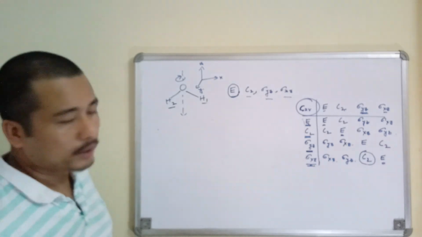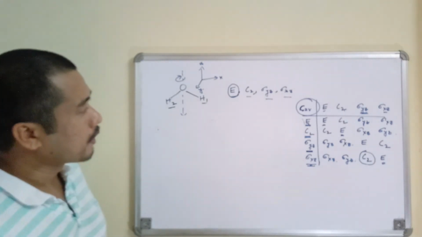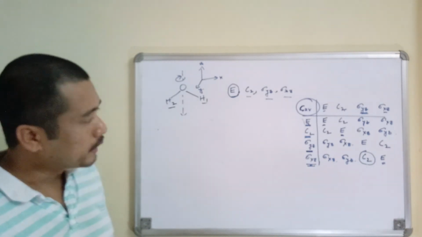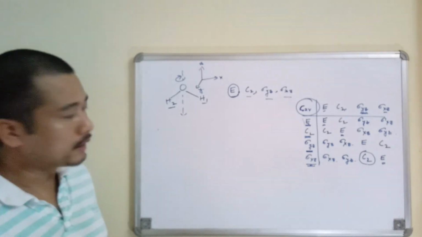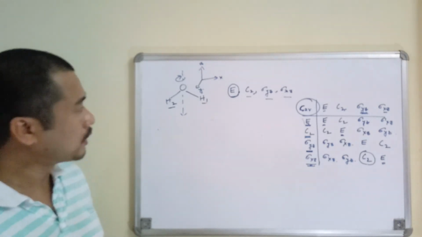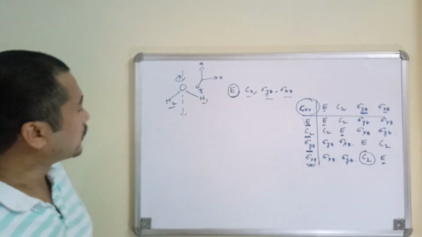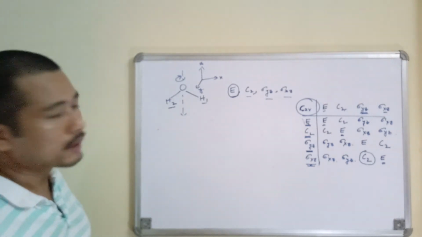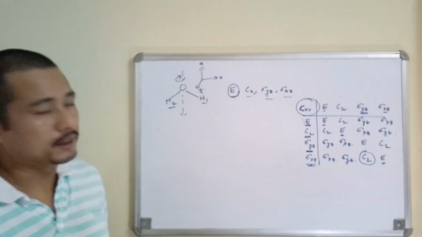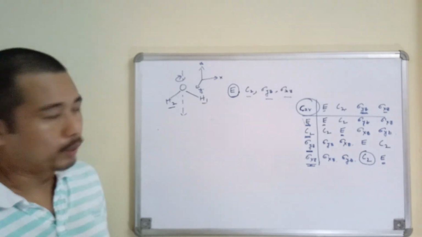The notation to denote this particular group is C2v. We call it a point group because here we again consider the atoms to be points essentially, and that is why it is called a point group.